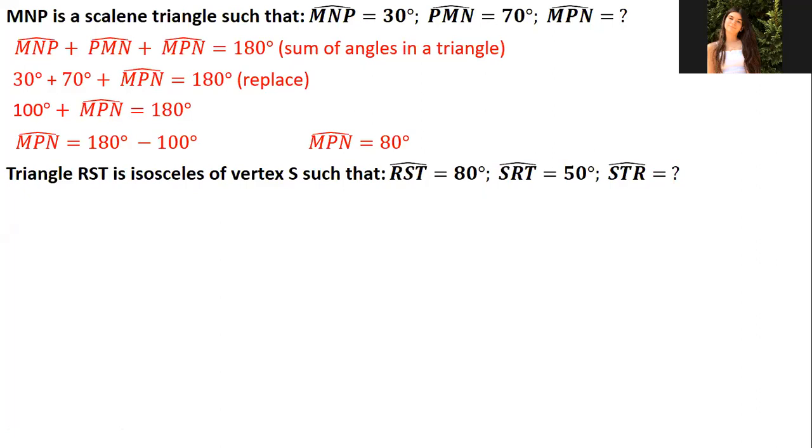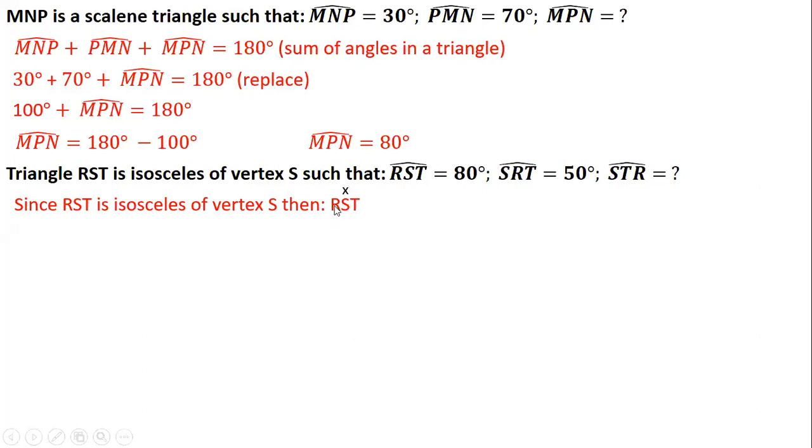SRT equals STR. So, since triangle RST is isosceles of vertex S, then the special vertex is S. As I said, to name the equal angles in an isosceles triangle, it's very easy. We put the special vertex aside, we name the 2 angles at R and T. As Aya said, these are the 2 equal angles. Now, SRT is equal to STR.